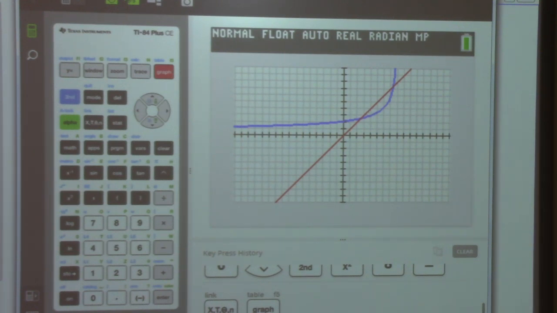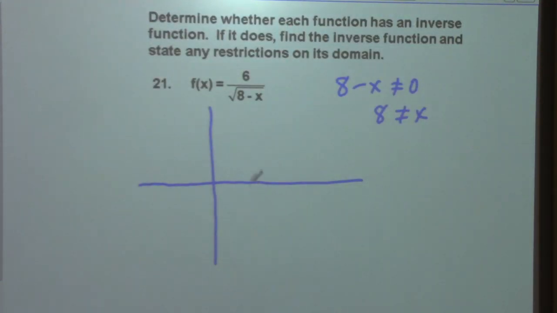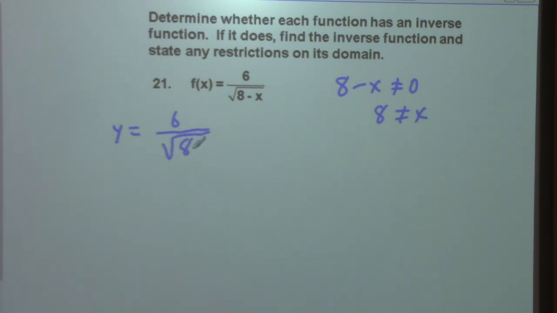Okay, so let's go ahead and do that. So I'm going to erase all this. Okay, so we go ahead and rewrite this. We're going to write y is equal to 6 over square root of 8 minus x, and then we have x equals 6 over square root of 8 minus y.